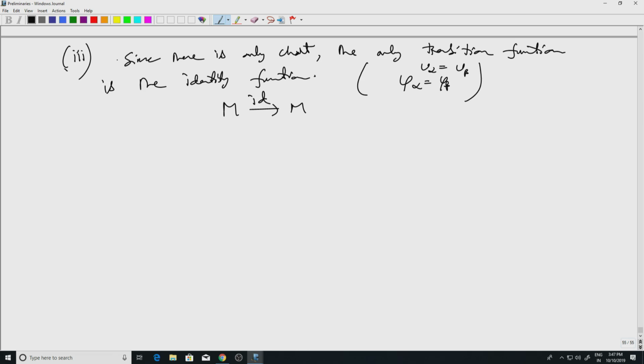So now for something more interesting, let's start with M equals S1. For this, let's recall that Sn, the standard notation S superscript n, is by definition the set of all points x in Rn plus 1 such that norm x equals 1.